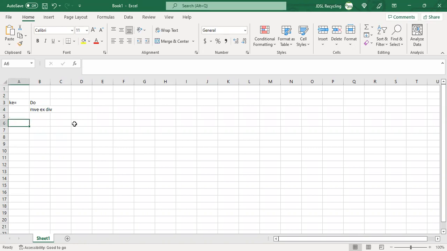Most cases, the examiner may give us market value of equity without giving us the information if it is ex dividend or cum dividend. So we have two market values. One is cum dividend, and the other one is ex dividend.